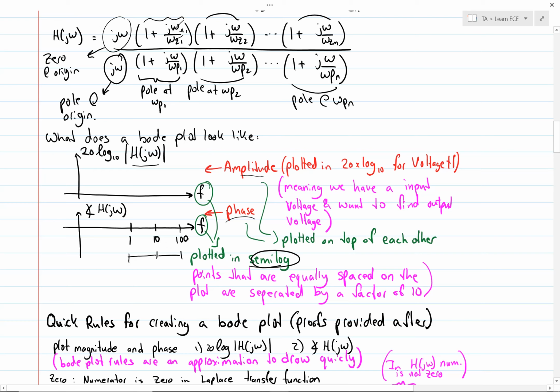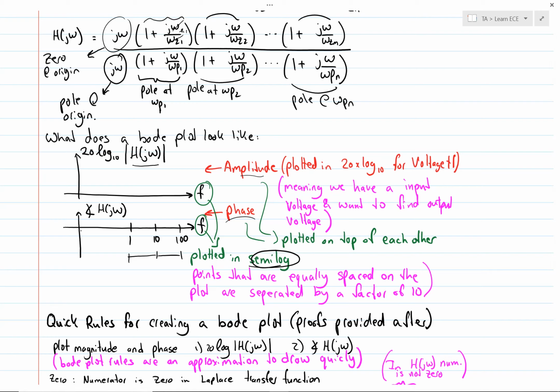This is to enable us to draw a large range of frequency responses on a small sheet of paper. It also gives you more insight into what's happening through a very large range of frequencies. If we did it in linear scale, the majority of the plot would be the large frequencies, and there would be a very small portion that covers small frequencies, so we wouldn't be able to see things as clearly.